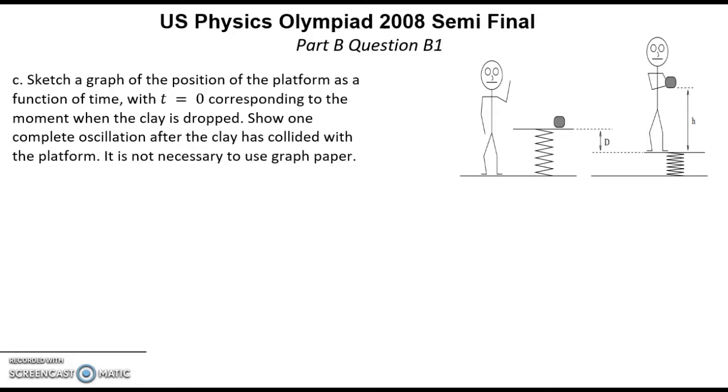So let's see. If we have a very small amplitude for platform oscillation, this graph looks like this, and we see that the clay will never cross the platform before the lowest position. But suppose that we have a big amplitude for this platform.